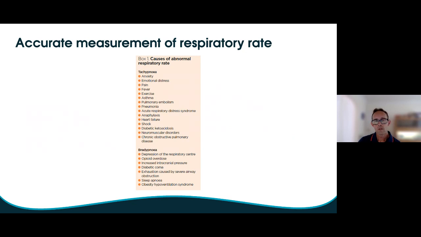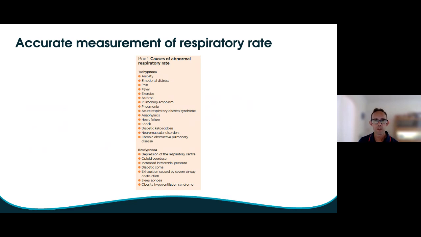Heart failure, so the accumulation of fluid in the lungs means that you struggle to get the oxygen in, and therefore you increase your respiratory rate. Shock, so reduction in fluid, you have to drive what you have got in the body around the body, and at the same time you increase your respiratory rate.